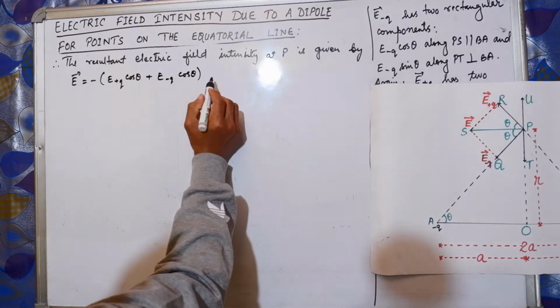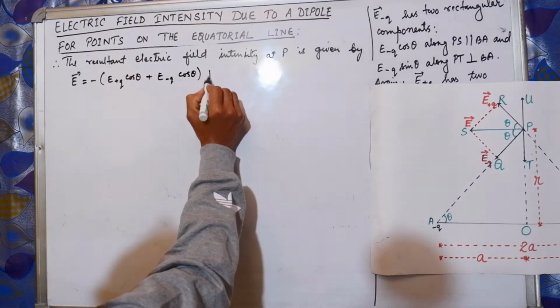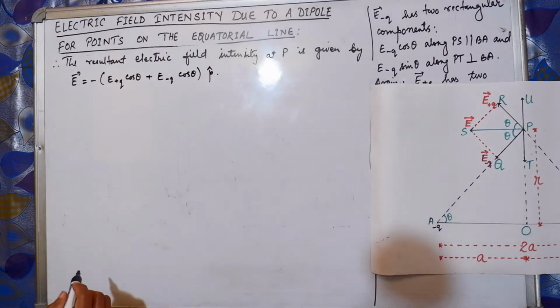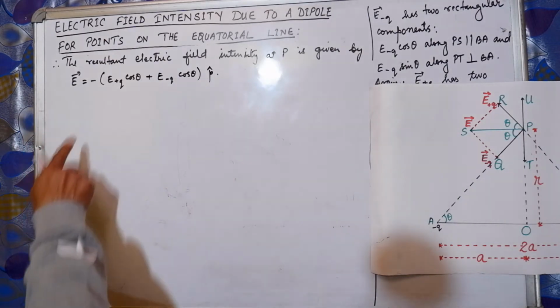We will write also the electric dipole moment unit vector P here. Now we will write something about this minus here.